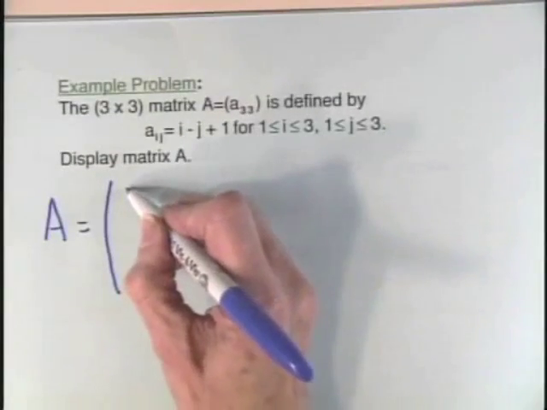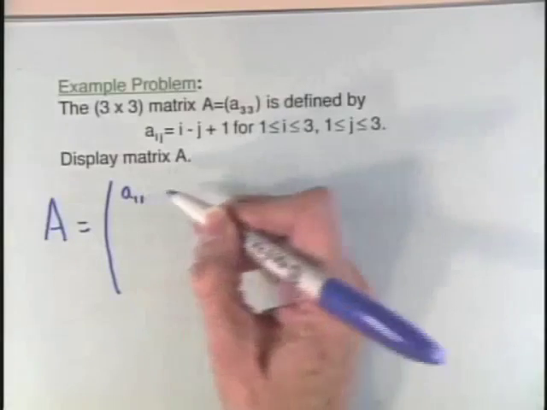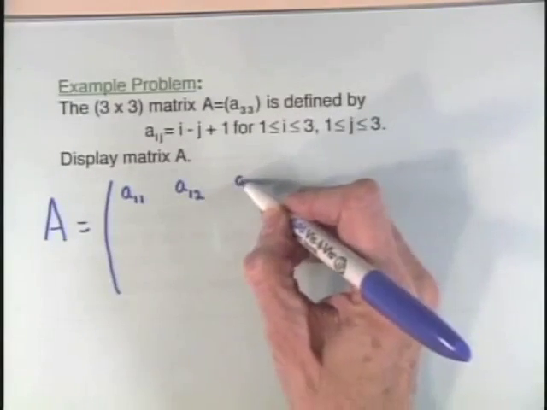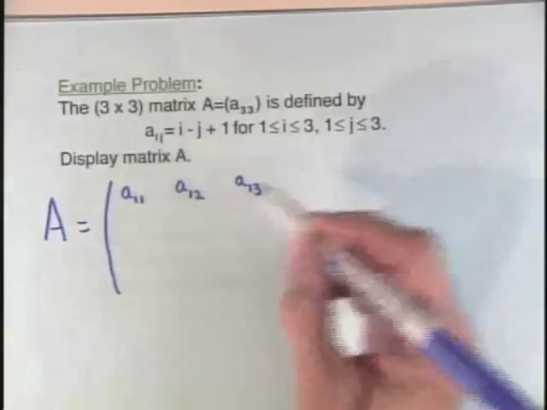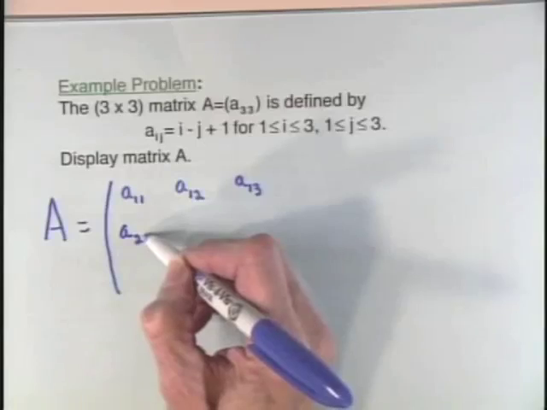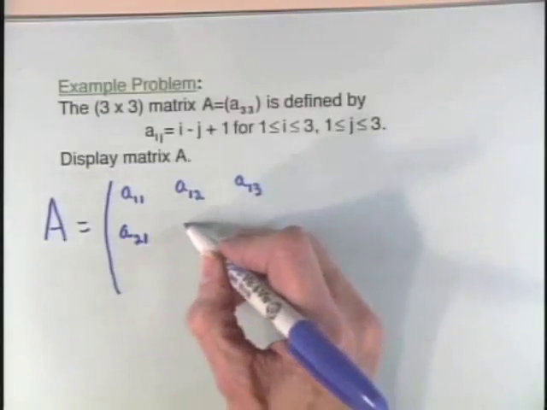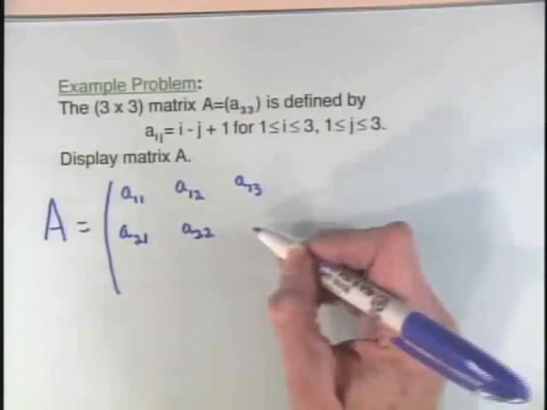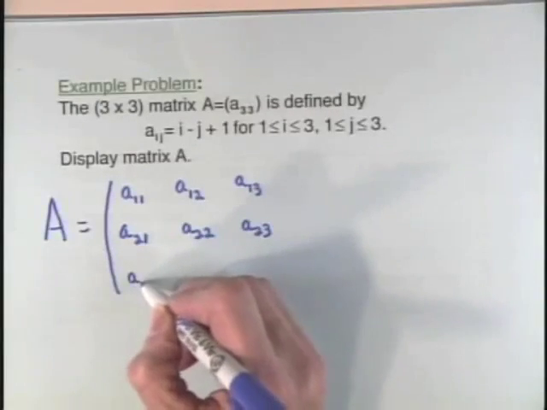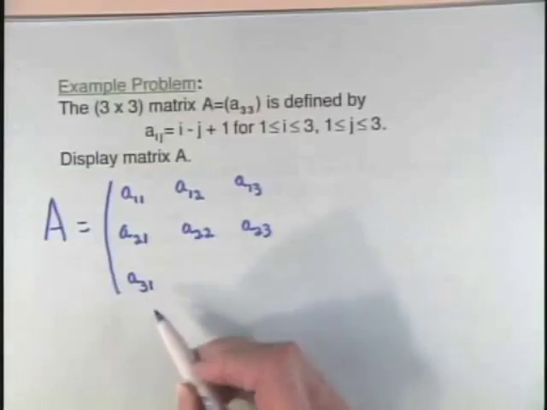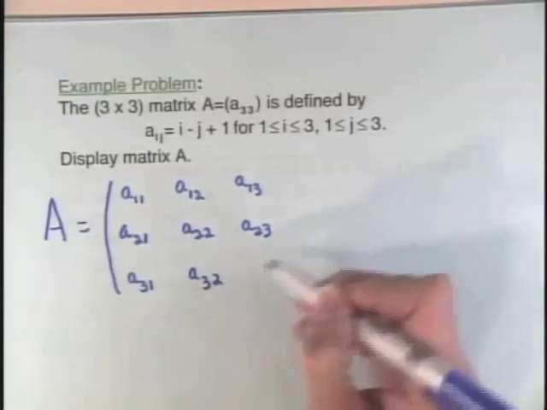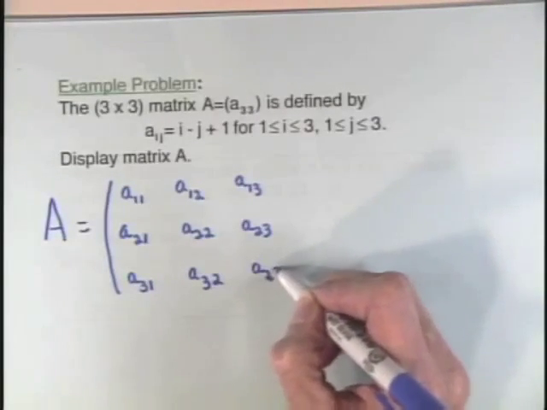The first row, first column entry is A11, then A12 as we go across row 1, A13. For the second row, our first entry in the subscript would be a 2, second row, first column, A21, A sub 22, A sub 23. In the third row, we have A sub 31, and all the first entries here will be 3s, A32, A33.